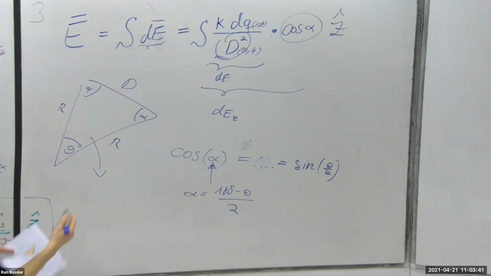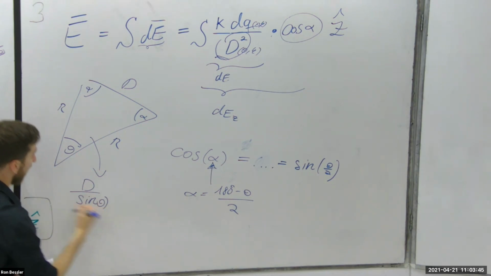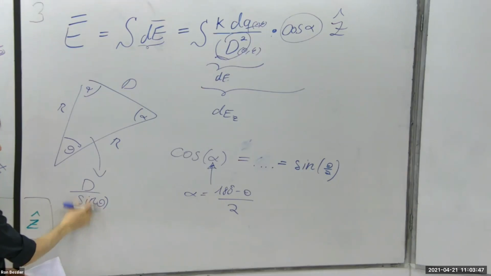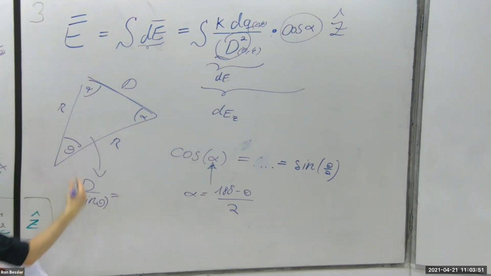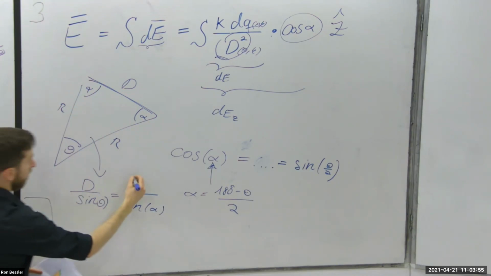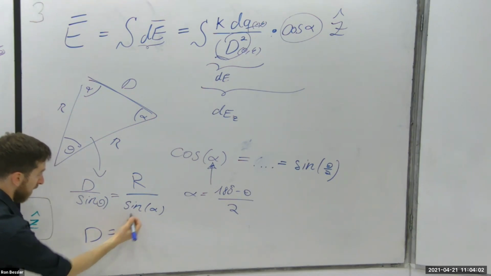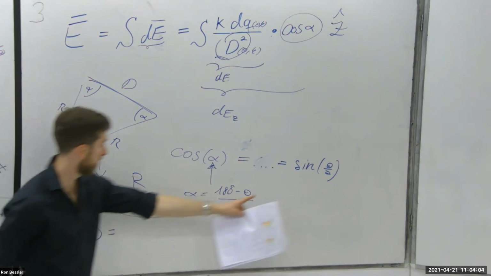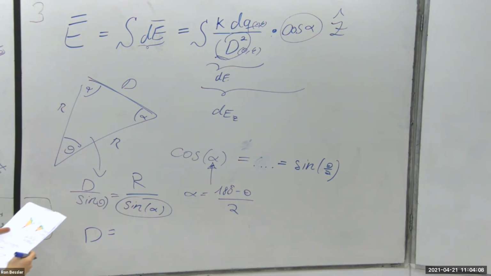I use the law of sines, which says that each angle I have, the length in front of it, is equal to the rest. So sine alpha is actually equal to r. So we can get d out of the equation, and we know this, and we can put that inside and have another connection.